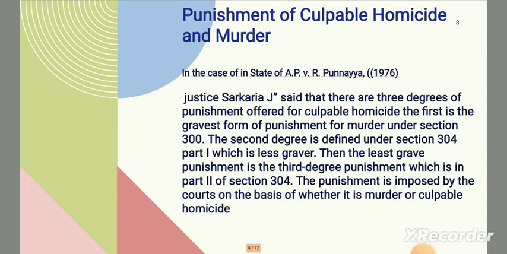The second degree, defined under Section 304 Part 1, is less grave, and the least grave is the third degree punishment, which is in Part 2 of Section 304 of IPC. The punishment is imposed by the court on the basis of whether it is murder or culpable homicide. Now move to the next slide.